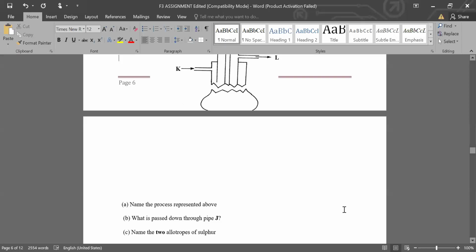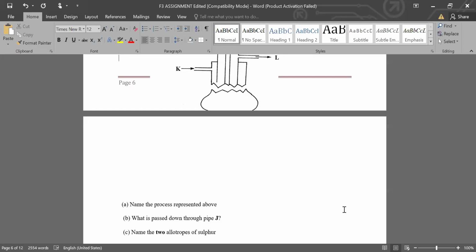The hot compressed air maintains the molten state of the molten sulfur and water that is moving up in the middle pipe and also forces it up, pushes it up in molten form.